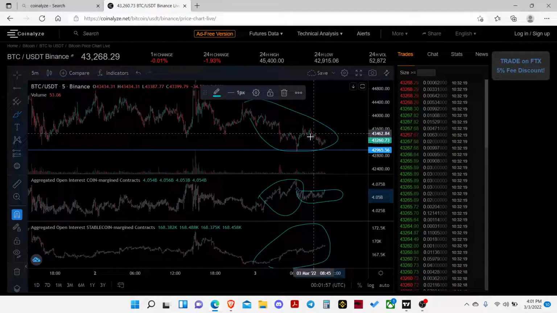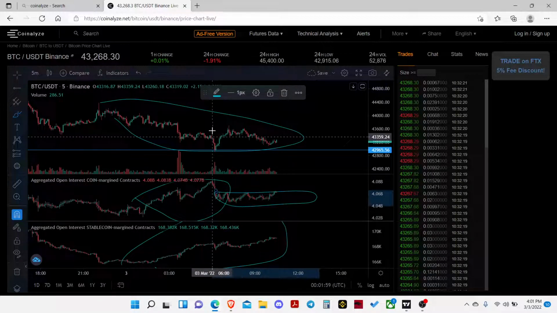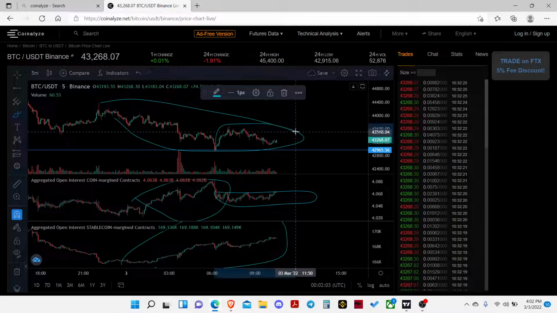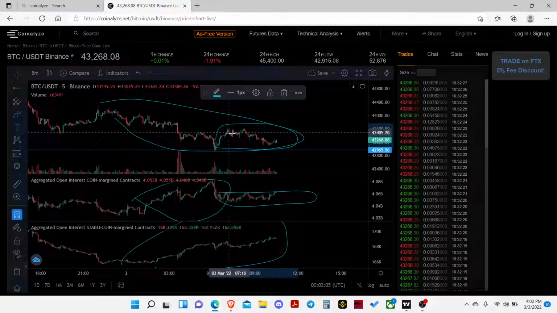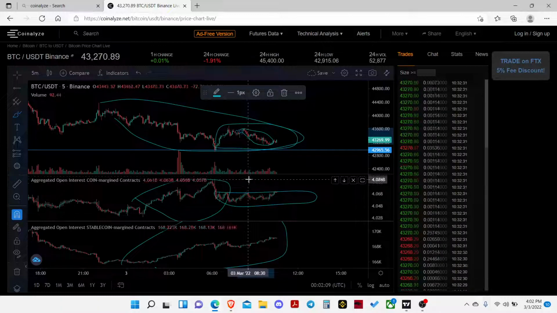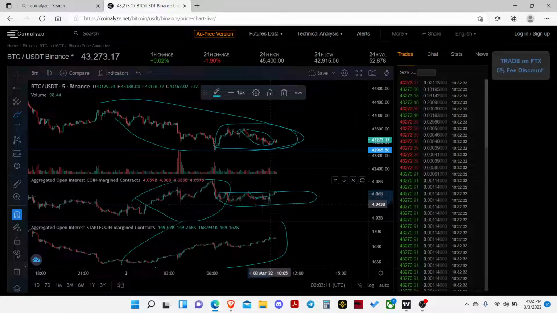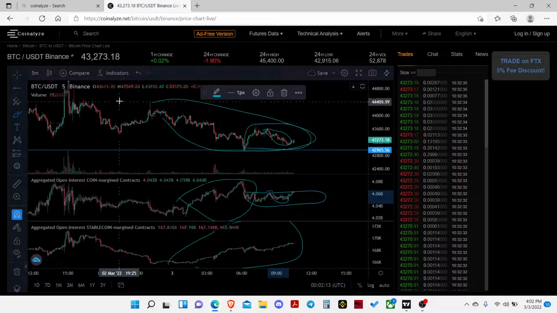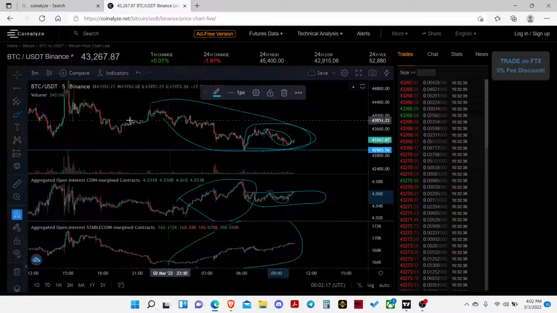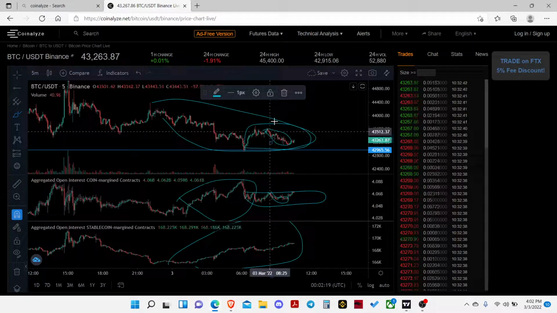margin at this level, because some of the coin margin players are in uncertainty about this process, because this kind of move to the downside means the shorts, I mean, or the longs, I mean, any players are closing their positions there.